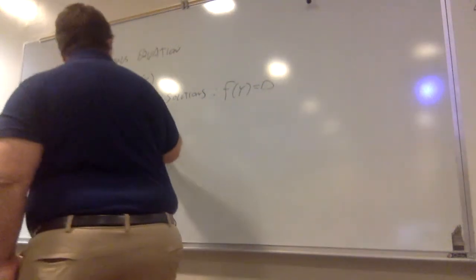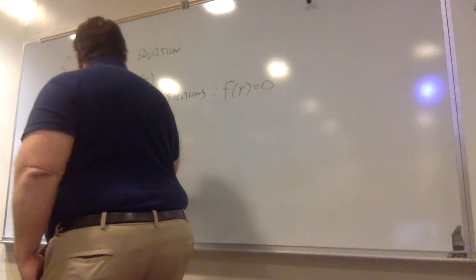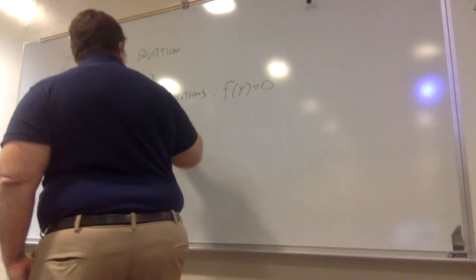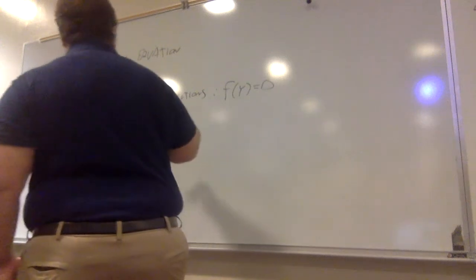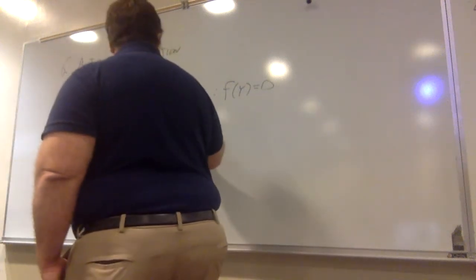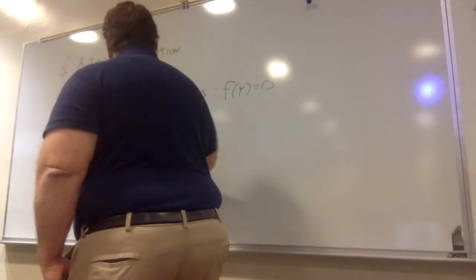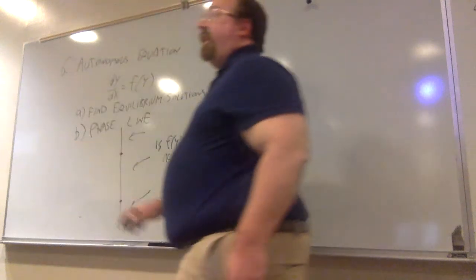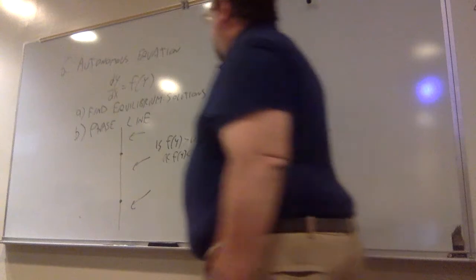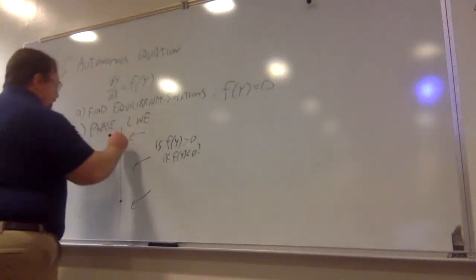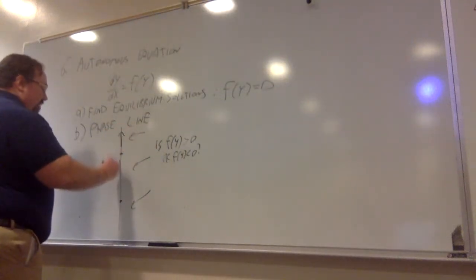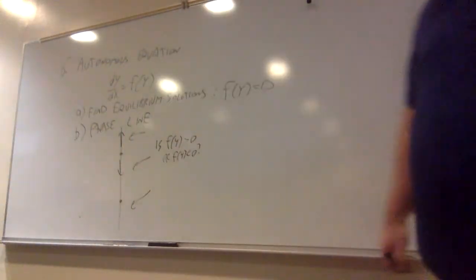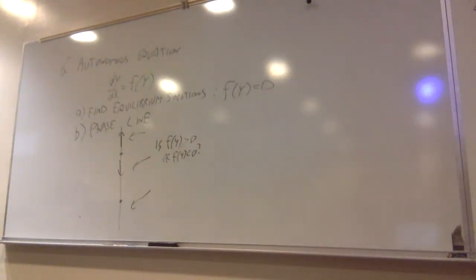And in between, you check: is your derivative f(y) positive or negative? So draw your arrows. If it's positive, you go up; negative, an arrow going down. So fill in the phase diagram for each equilibrium point.